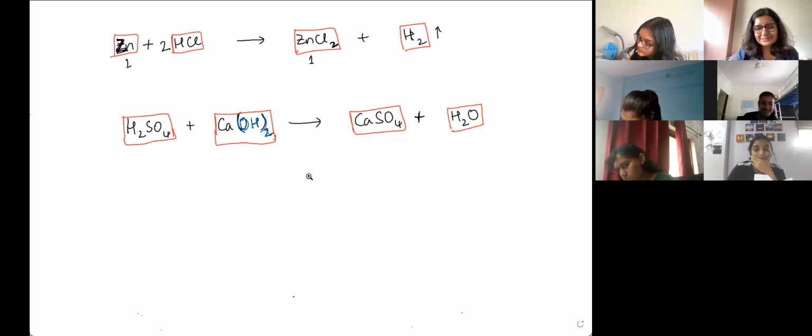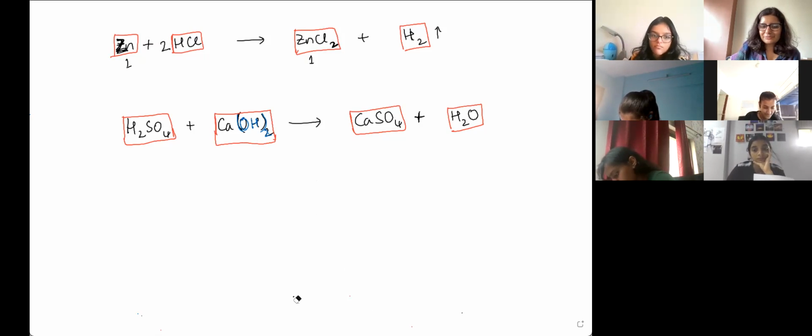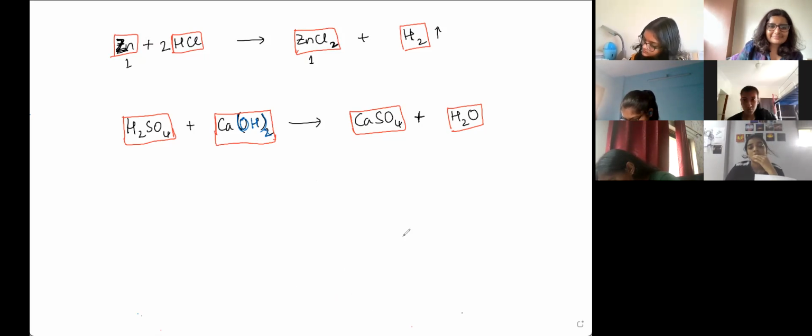Absolutely right. Simple. Counting the atoms is the thing, but once you get the hang of it, balancing is very simple, like one step. Sujal also sent, and got it.